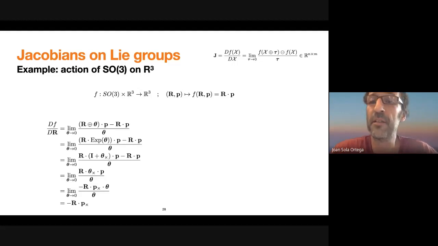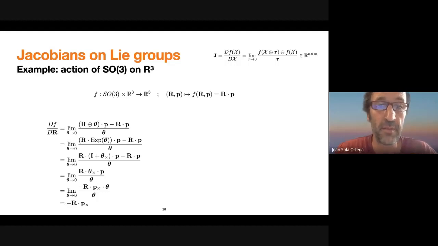You have the definition on the top right. We just particularize it here in this case. So x plus tau becomes R plus theta, all right? And f of x plus tau is R exponential theta times p. The minus becomes just a regular minus because the space of arrival is R3, and the minus operator in R3 is a manifold, but it's a trivial manifold.